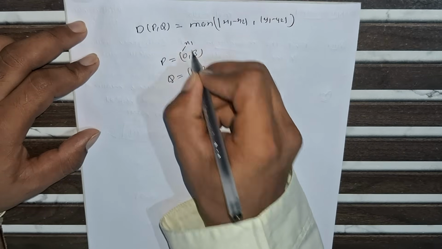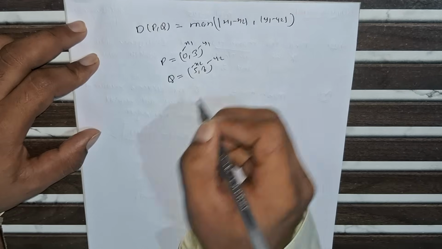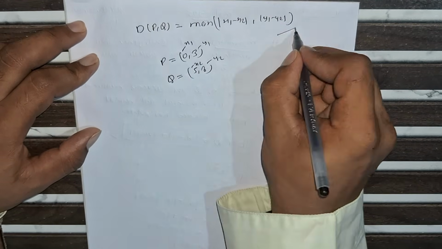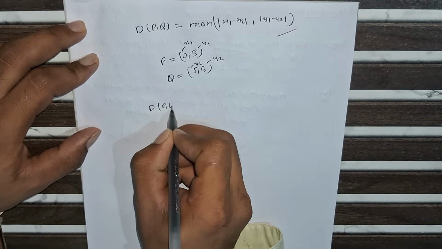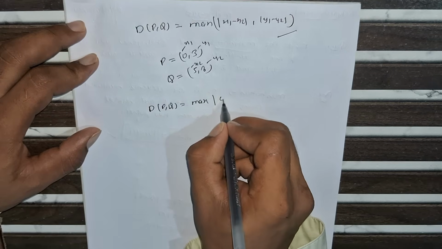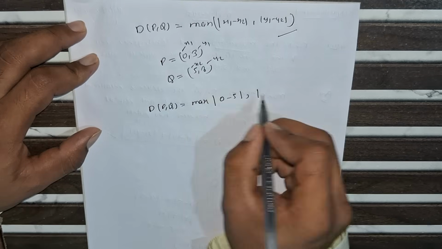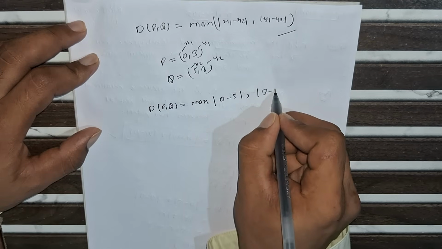This is our x1, this is our x2, this is our y1, and this is our y2. So now put the values in this formula. Distance of P comma Q is the maximum of |x1 value 0 minus x2 value 5| comma |y1 value 3 minus y2 value 8|.